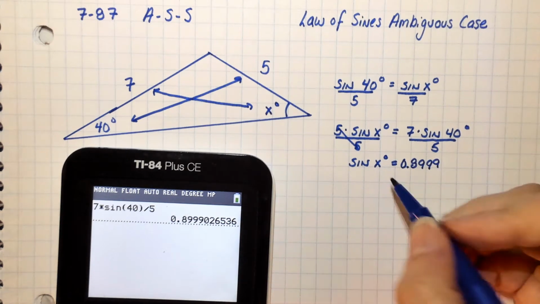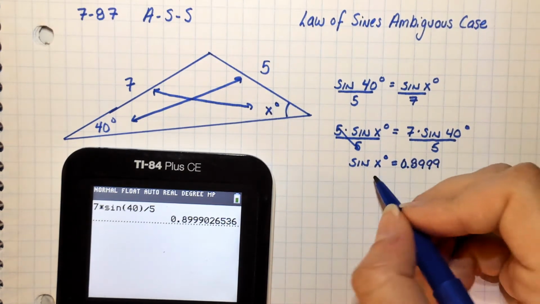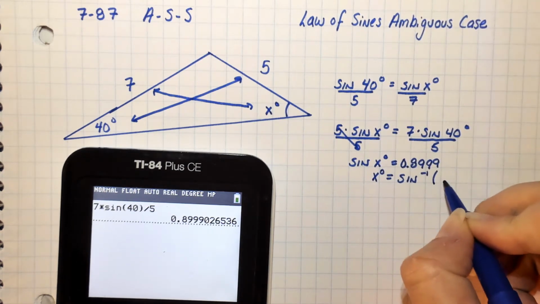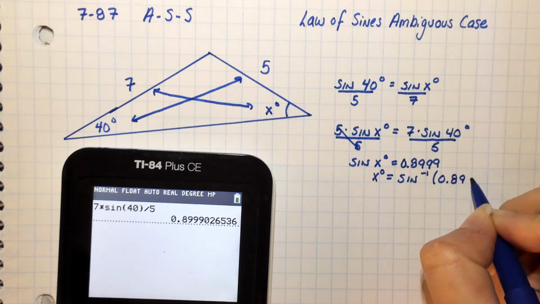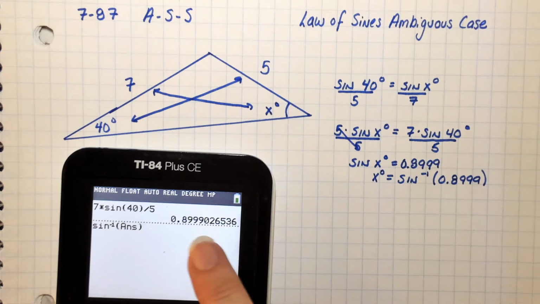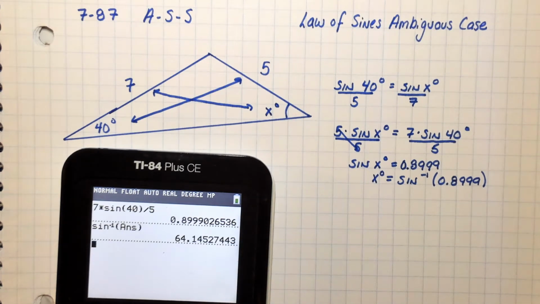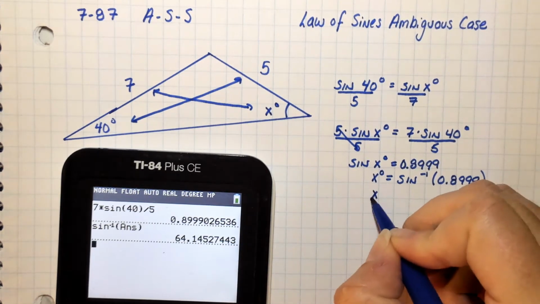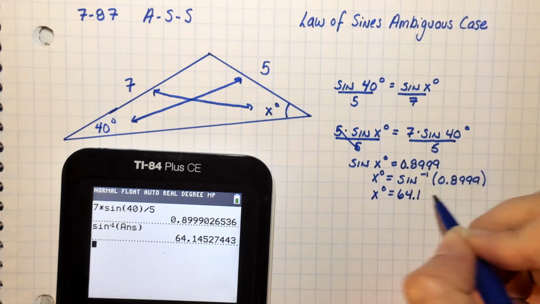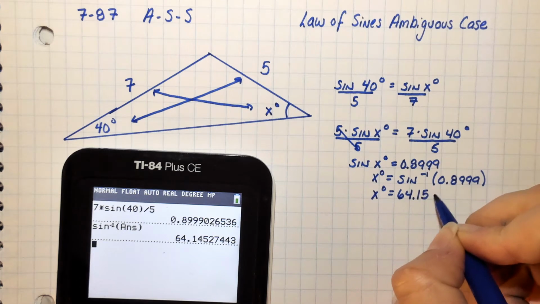And then I'm going to sine inverse both sides to get x by itself. On the calculator, however, I'm going to do sine inverse of answer because I want to avoid rounding error there. And I have 64.15 degrees.